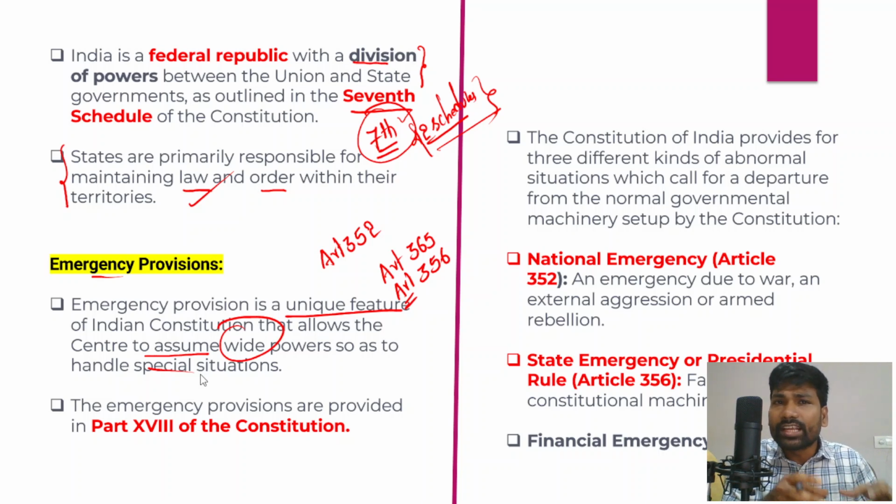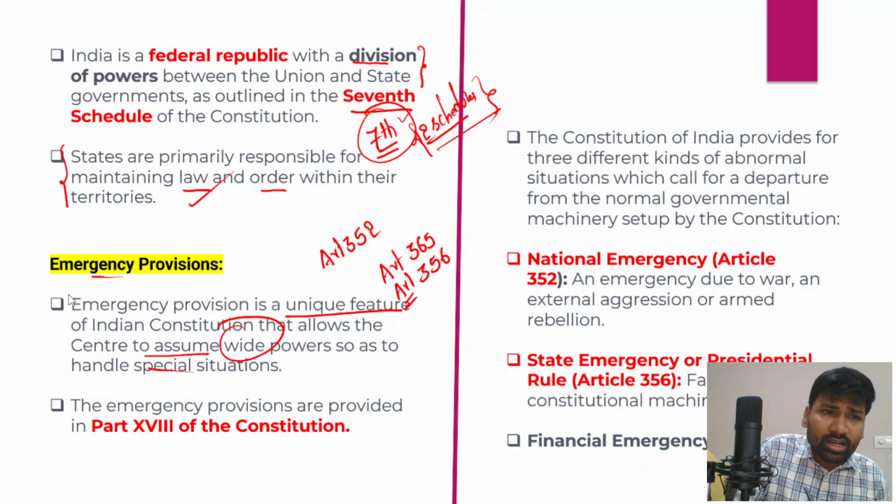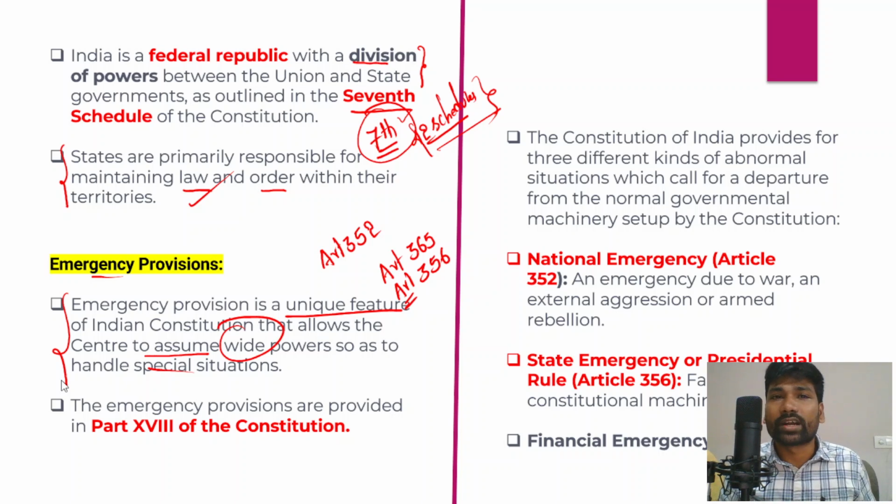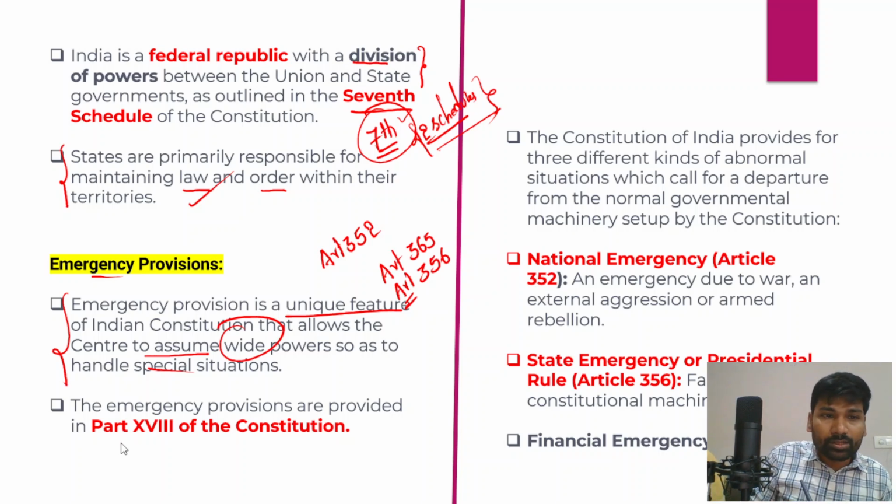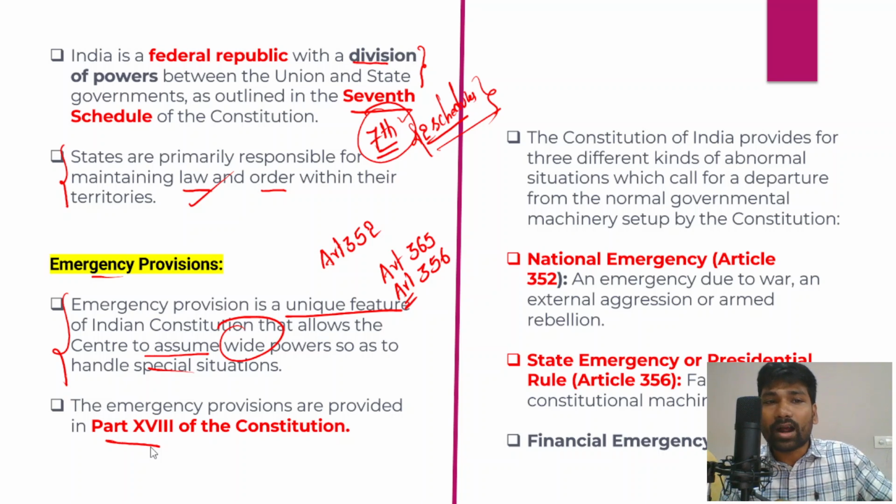So in order to deal with such emergency, such contingency in a much more effective and efficient manner, the Indian Constitution has provided for the emergency provisions. In fact, these emergency provisions are provided under part 18 of the Indian Constitution.